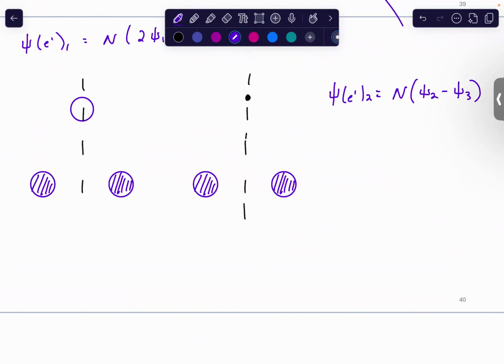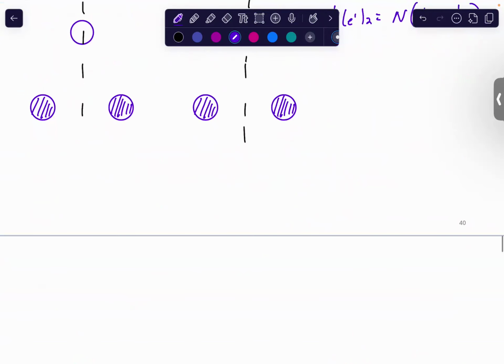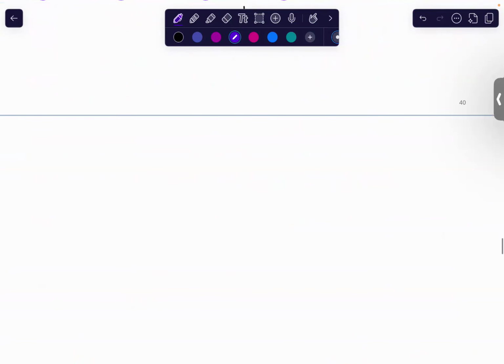So orbitals with the same symmetry are going to, so our A1 prime for our boron is our 2s, and our E prime pair for boron is our 2px or 2py. So let's start putting these together.